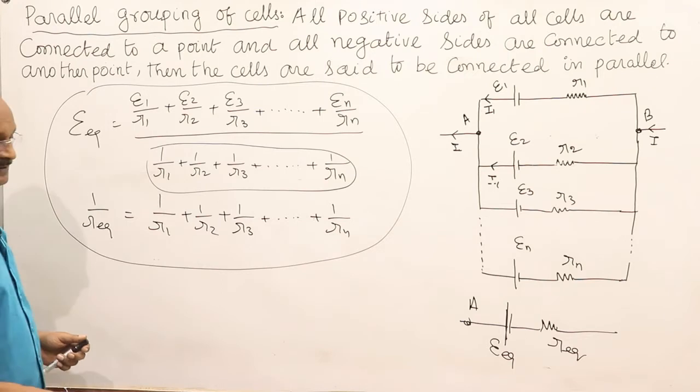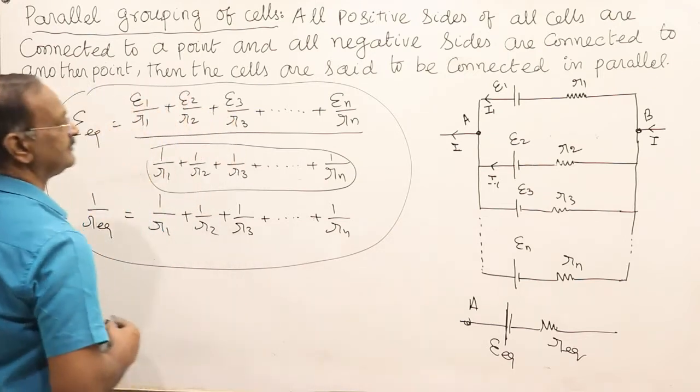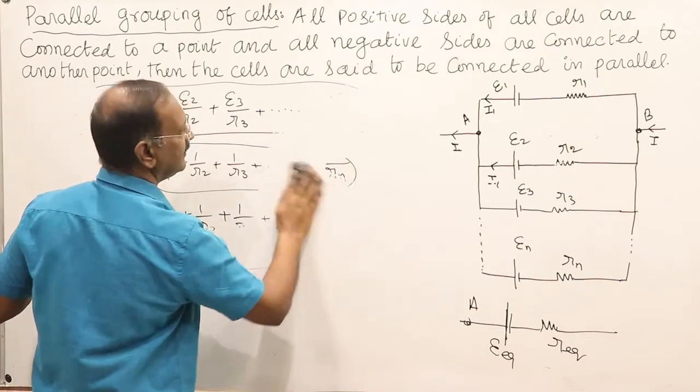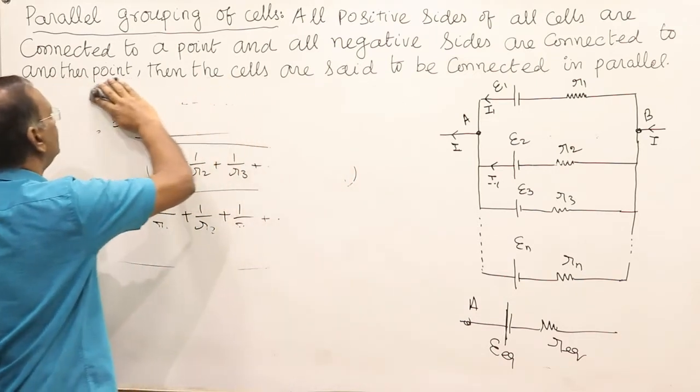This is the general expression for n number of cells connected. Suppose we have n identical cells.